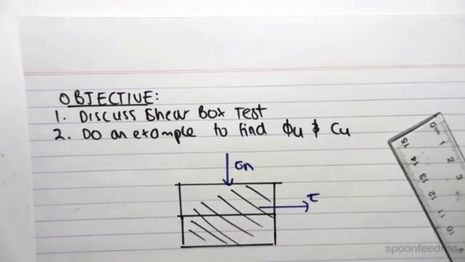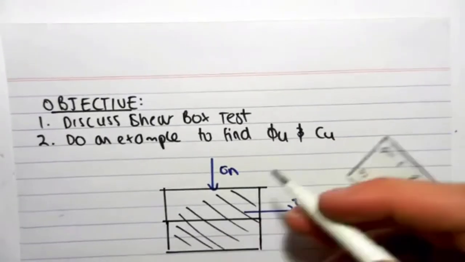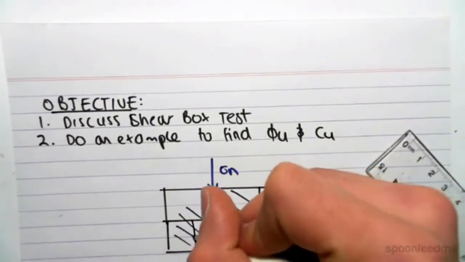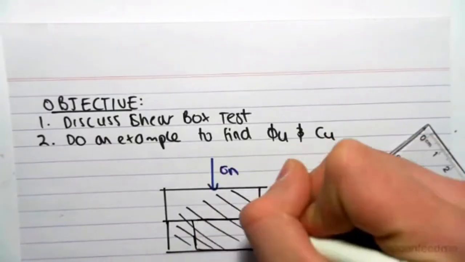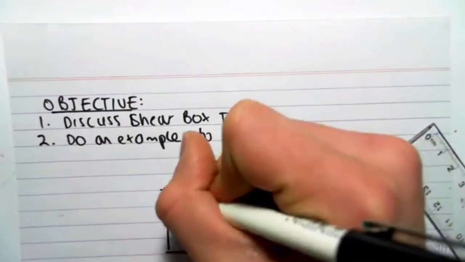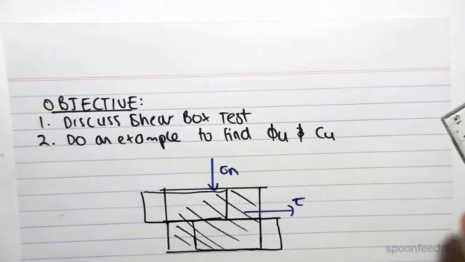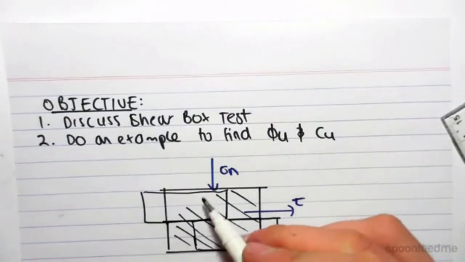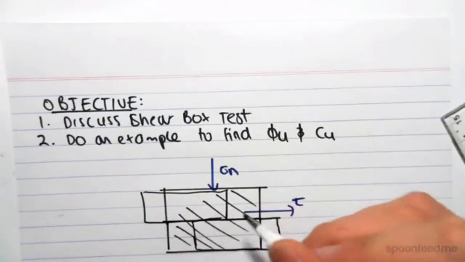And what happens is that this box will slide. So this lower box will slide this way and this way. So they'll slide past each other, causing shear stress and normal stress inside our box.